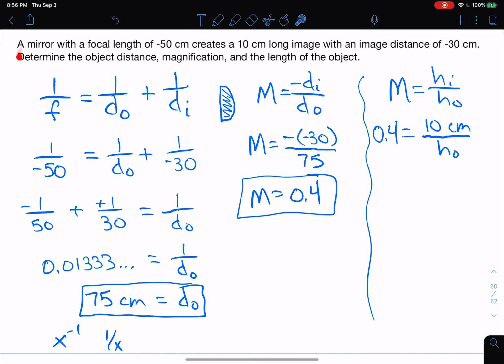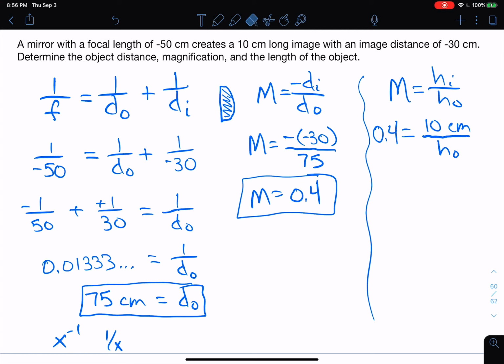With single optic devices, virtual images are upright, and thus the convention is that HI is positive. So I put it in as positive 10. If we had a real image, if we had a positive image distance, I'd have to put the image length in as negative because it would be inverted.